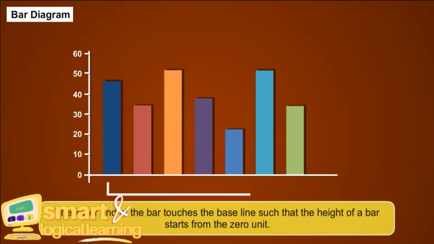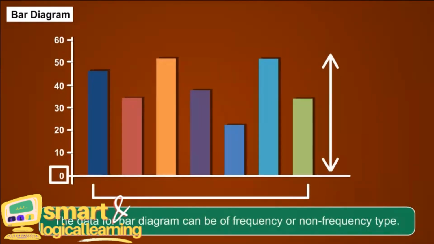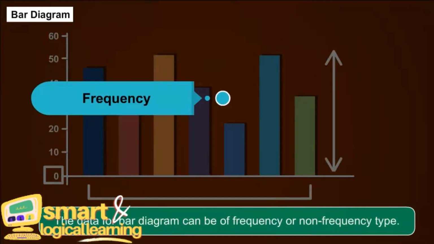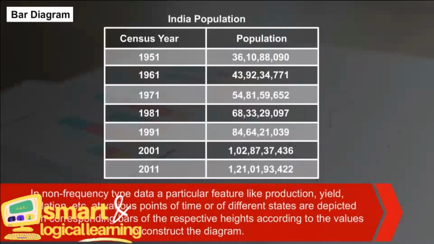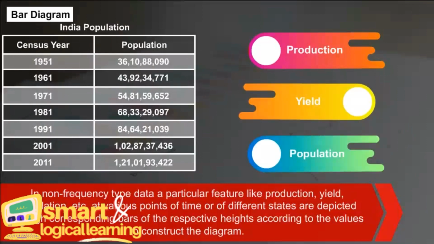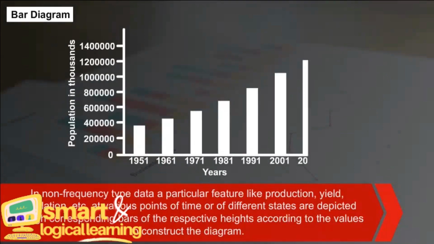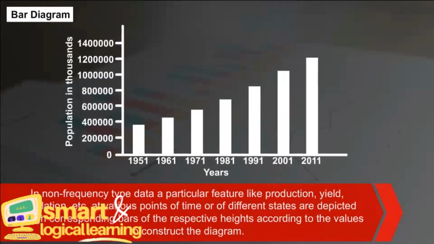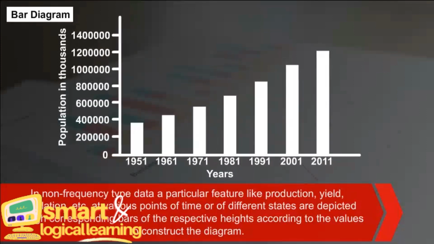The lower end of the bar touches the baseline such that the height of a bar starts from the 0 unit. The data for bar diagram can be of frequency or non-frequency type. In non-frequency type data, a particular feature like production, yield, population, etc. at various points of time or of different states are depicted through corresponding bars of the respective heights according to the values to construct the diagram.